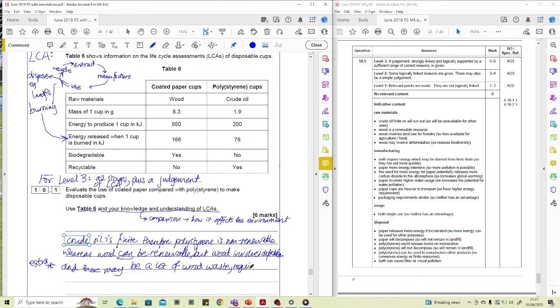Requiring extra disposal. Okay, I think that's plenty about extraction.